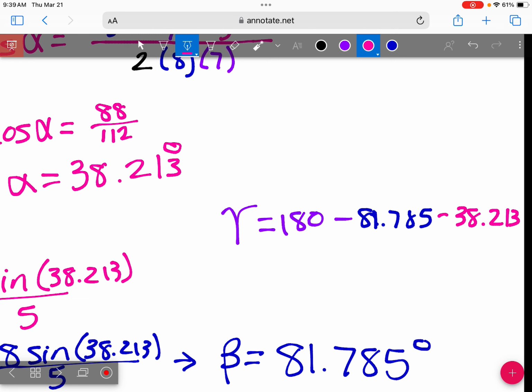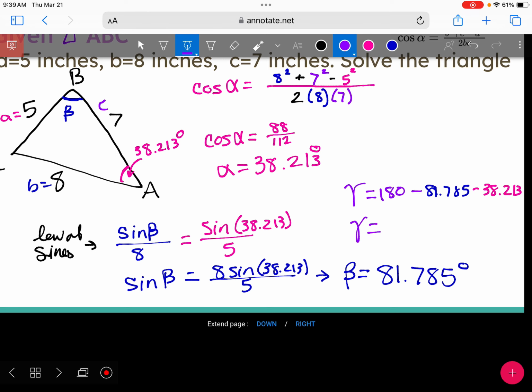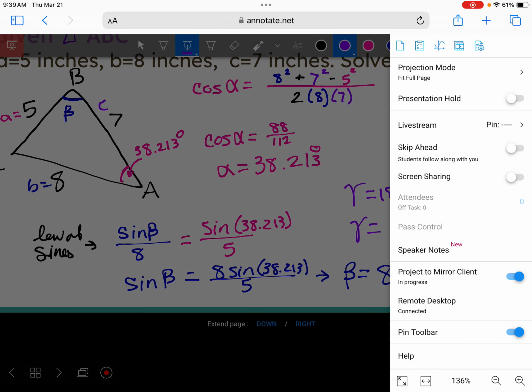I would not have rounded differently between the two problems. So our gamma equals what? 75.002. I have something way different, but that could be me making a mistake.